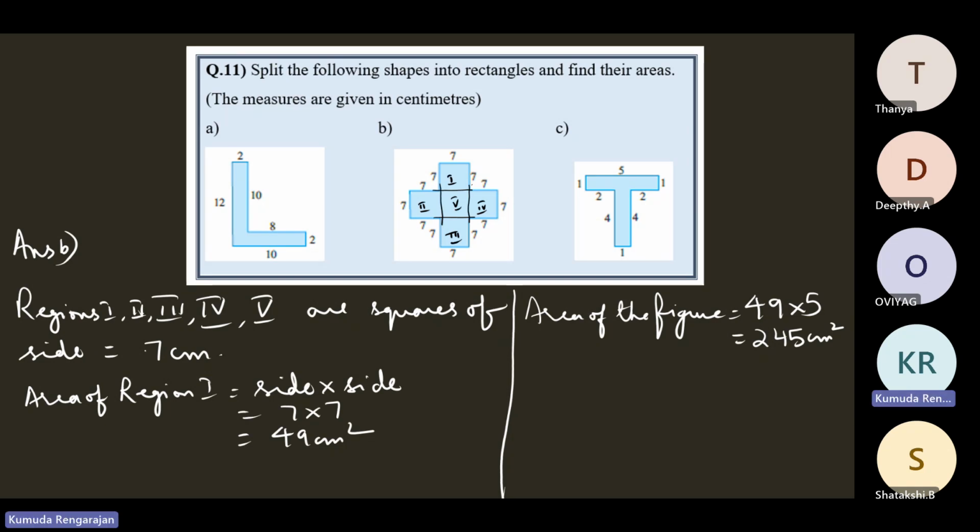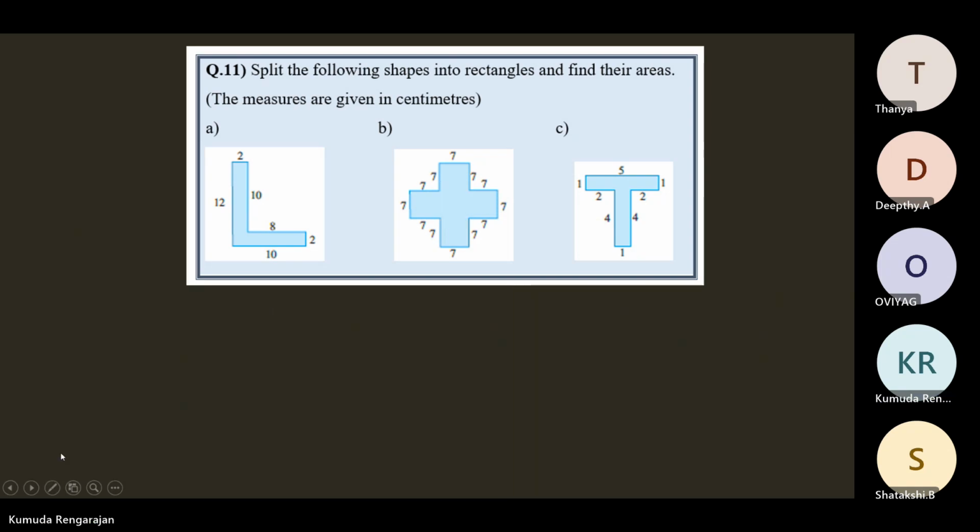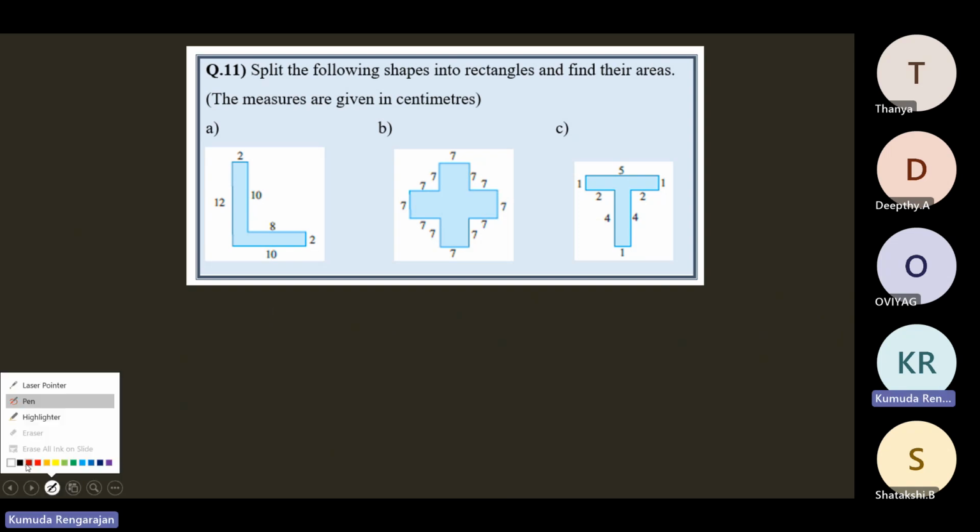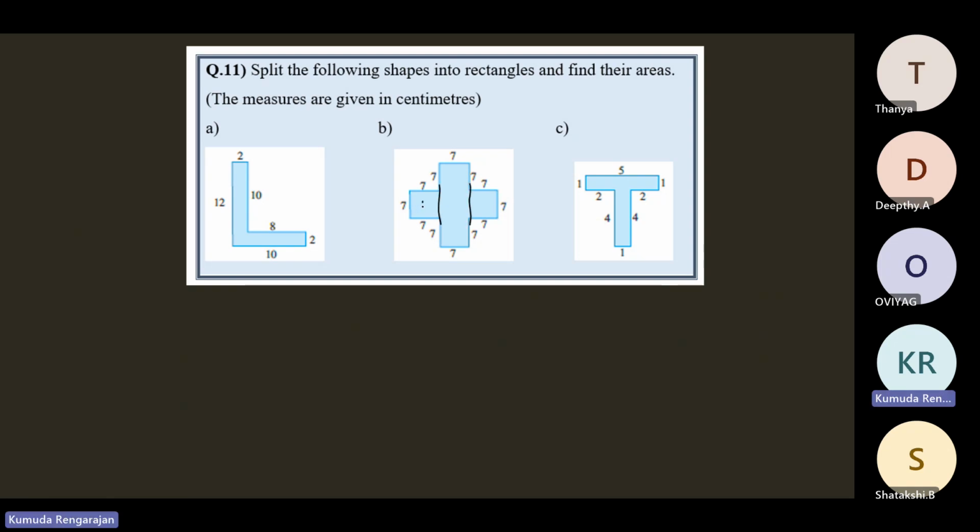You can do this in another way. Who wants to say that? We didn't divide it like this, right? We'll just do this orally. I think we didn't divide it like this, correct? When you divide like this, this is region 1, this full thing is region 2, this is region 3.